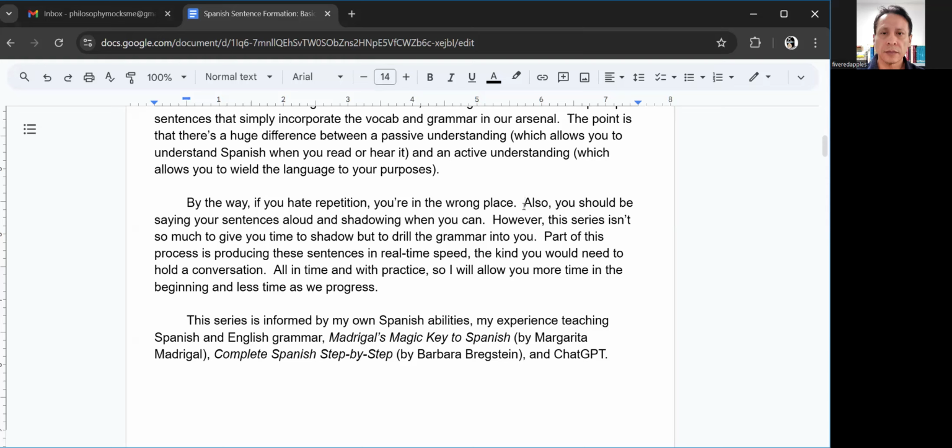It's taking you like a minute, and people are just sitting there staring at you waiting for you to respond. No, we want you to be able to do this faster and faster so that you can have a relatively normal conversation at normal conversation speed. But of course, we have to progress to that stage.